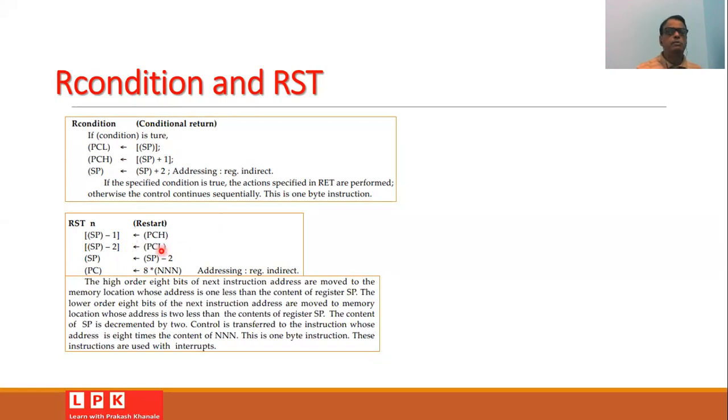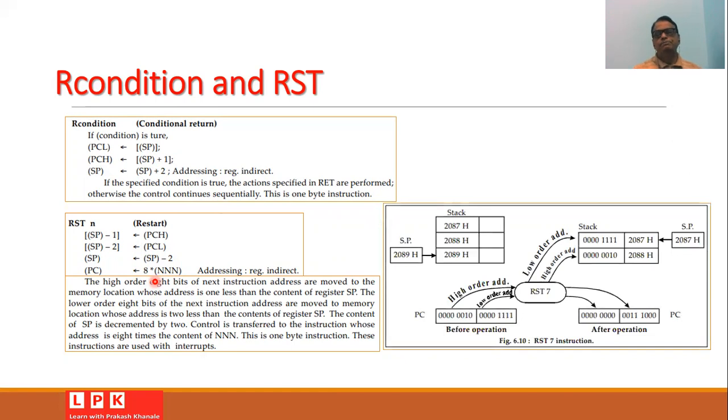Lower order 8 bits will be shifted to 2 less than the content of the SP. Then SP will be decremented by 2, and this number n will be multiplied by 8, and that number will be transferred to the program counter. That is, the address of the next instruction to be executed will depend upon the value of 8 multiplied by n.